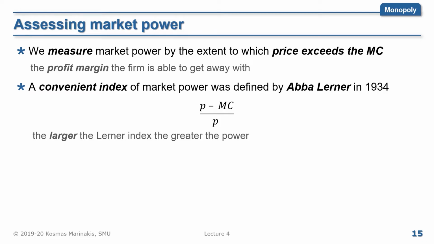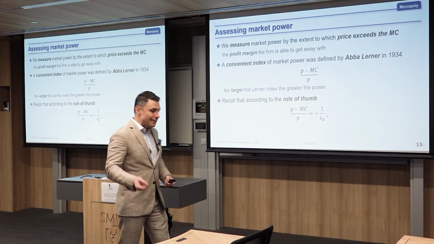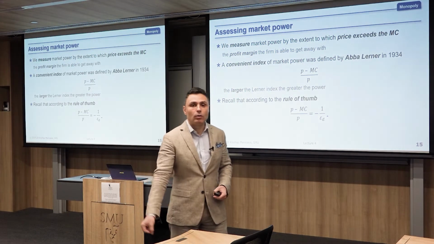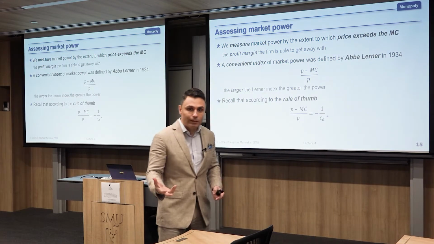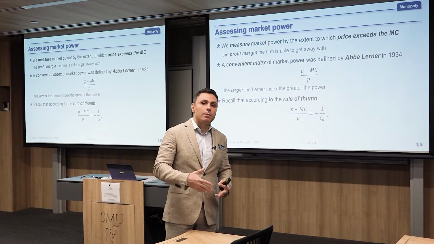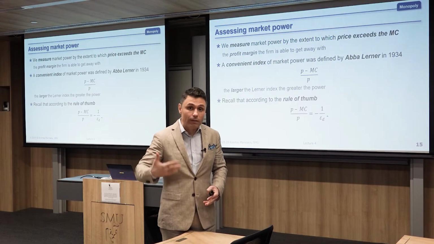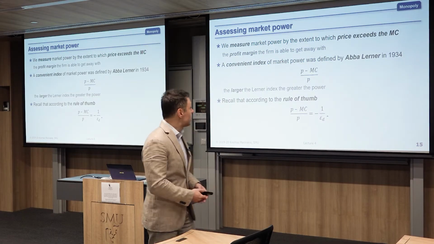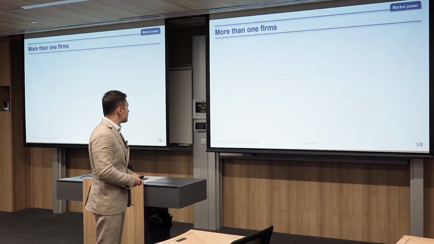And we know that according to the shortcut that we saw before, (P minus MC) over P should be equal to 1 over ED, given that this particular firm wants to maximize its profit. And this is important because this is a profit maximization condition. It doesn't have to hold, but it has to hold if the company wants to maximize the profit, or else the profit will be something less than maximum.